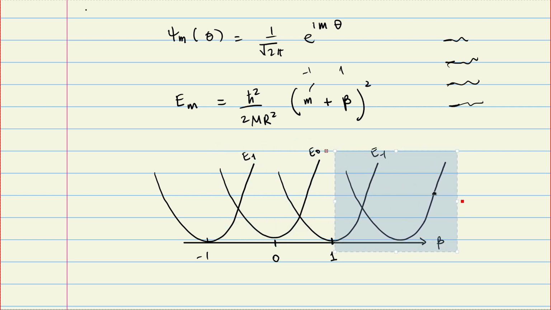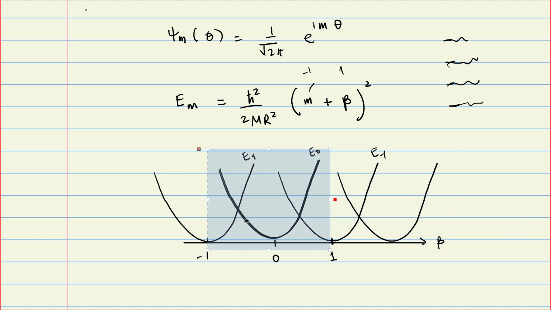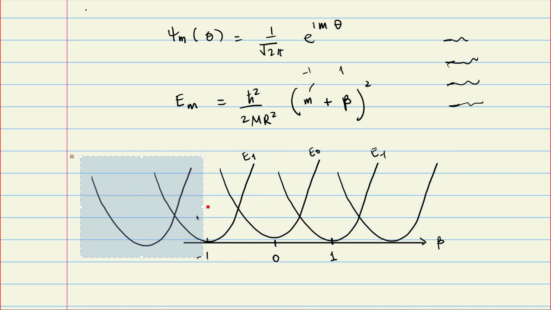I can change it like that. There's another one, minus 2 and plus 2. I think it is easier to see it in Mathematica, but the point is the spectrum is periodic in beta, right? You just go and come back, and go and come back.